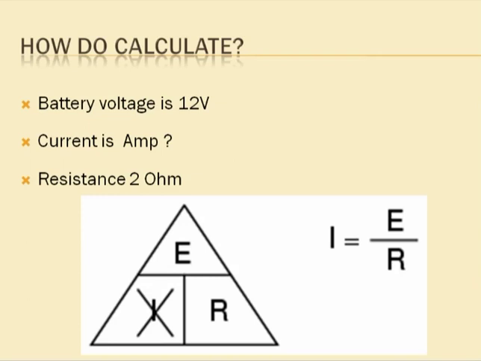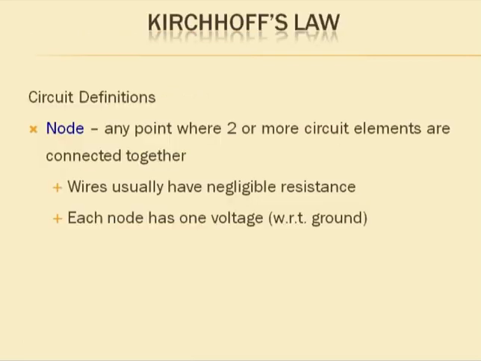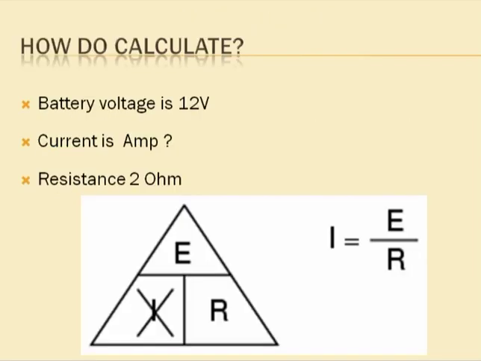So you simply cross over the I, and it will give you the ratio E upon R. Substituting the values, we get 12 volt divided by 2 ohm, that is equal to 6 ampere. So 6 ampere will be the result. Considering this, we can calculate any of the parameters of Ohm's law.